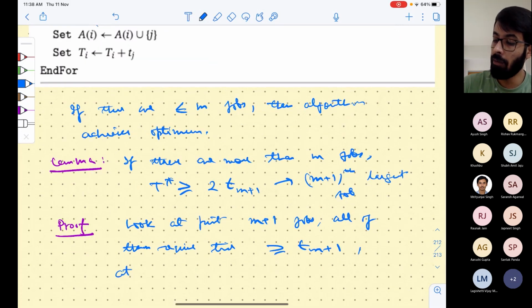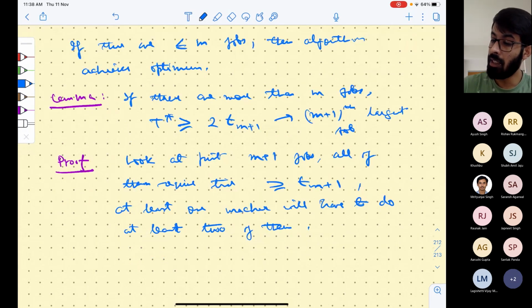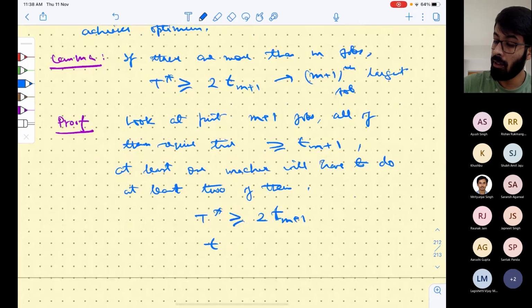And at least one machine will have to do 2 of them. So that means that T star is greater than or equal to 2 t_{M+1}, or t_{M+1} is less than or equal to T star by 2.